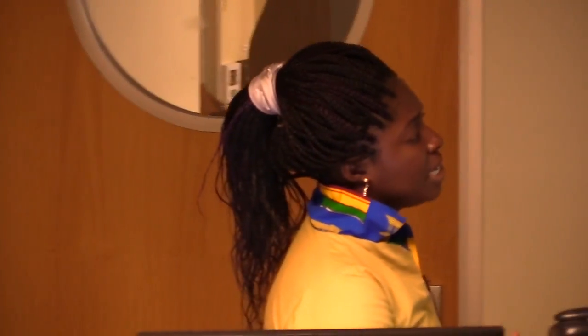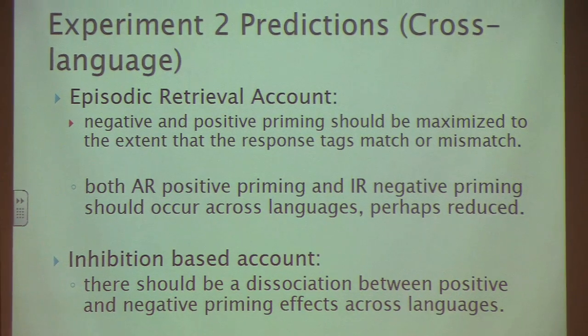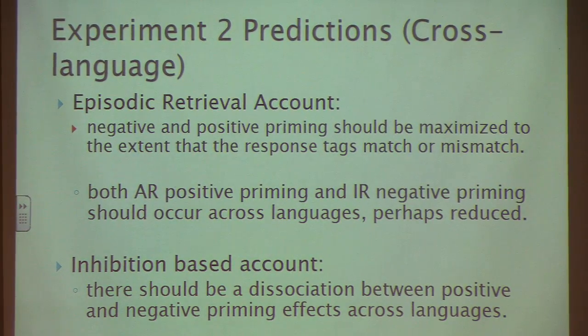Now, the episodic retrieval theory, as indicated earlier, claims that positive and negative priming will be achieved in the cross-language experiment, but perhaps reduced. Let me throw light on the perhaps reduced here. This is dealing with mental tags: a response tag which is relevant, a distractor tag which is irrelevant, and a do not respond tag.